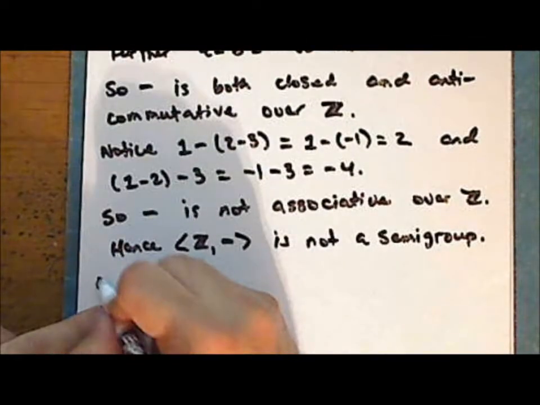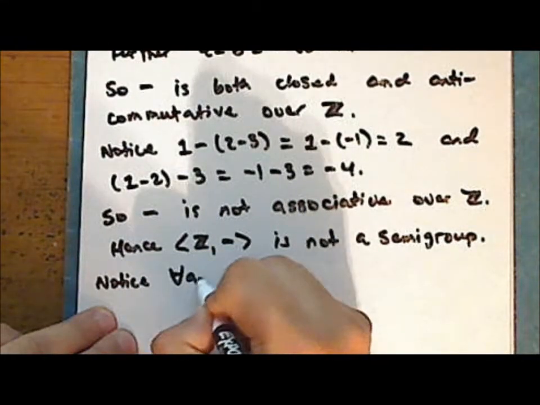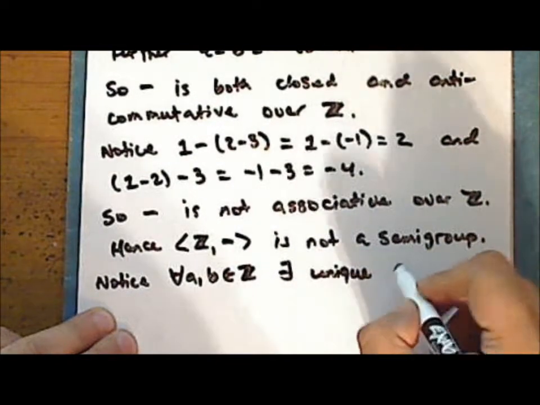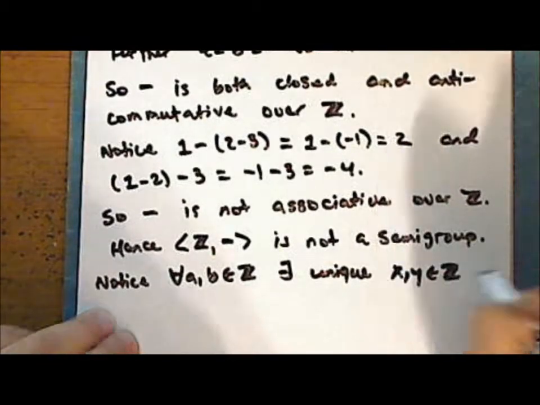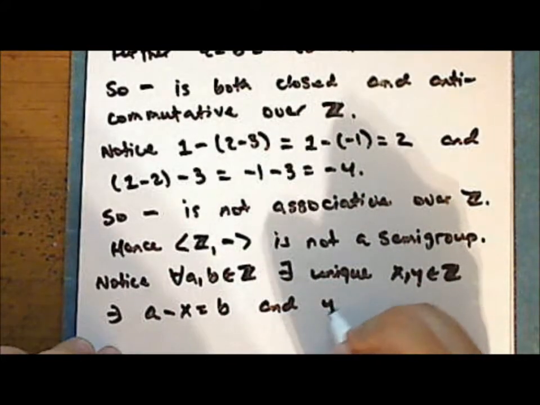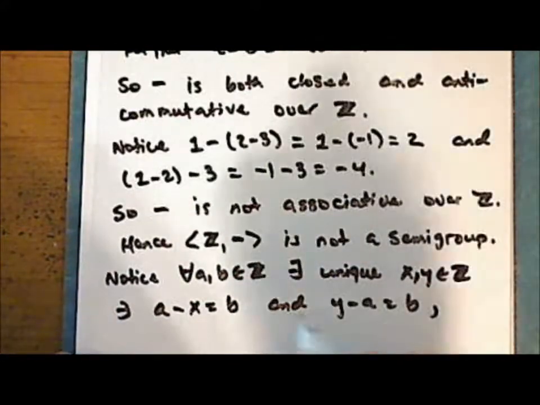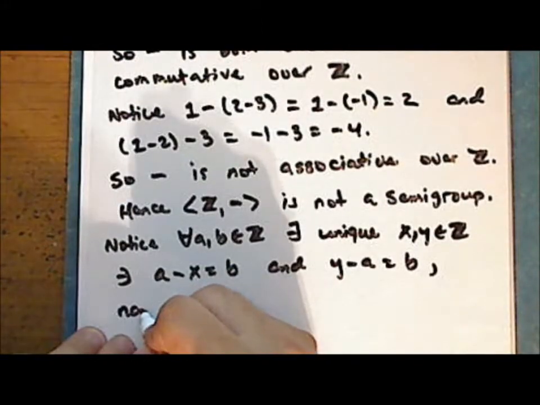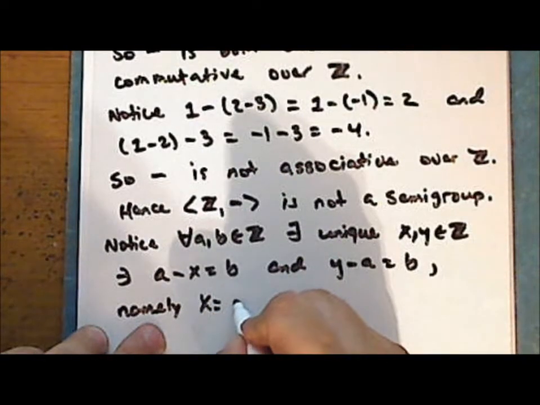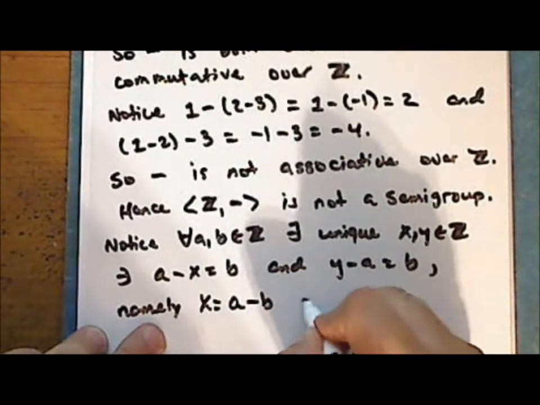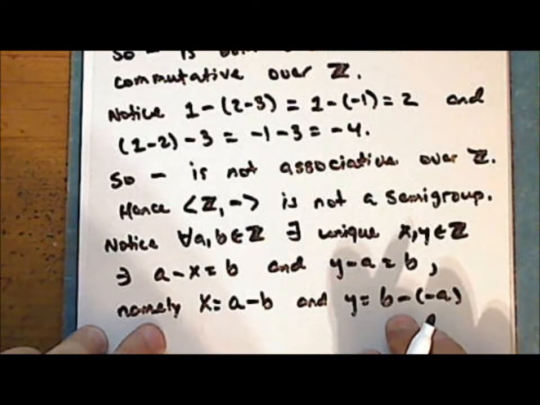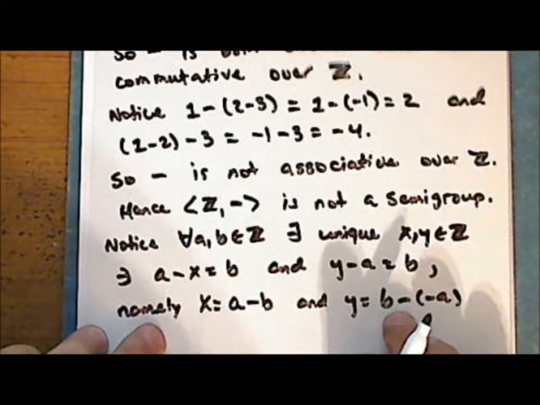Now notice that for every pair of integers A and B, there exist unique integers x and y such that A minus x gives B, and y minus A gives B, namely x is A minus B, and y is B minus the negative of A. I'm writing it this way so that we're using only the operation that's in the structure.